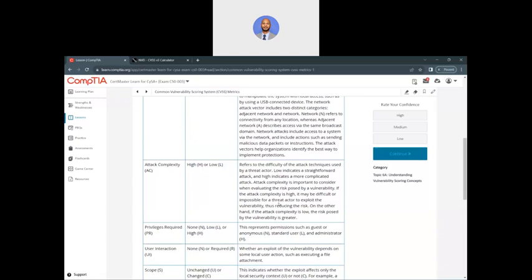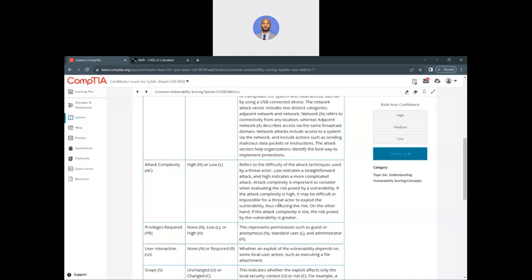Script kiddies may just do a low, straightforward attack, something that's just like an easy kill, where you might have a threat actor that has a lot more of a budget, a lot of resources available to them, and they're able to construct a really complex, strong campaign against an organization. So risk will be higher based off of the complexity of the attack that can occur.